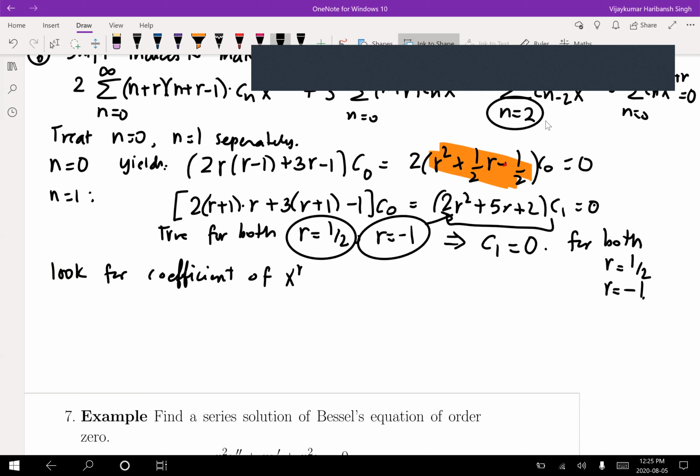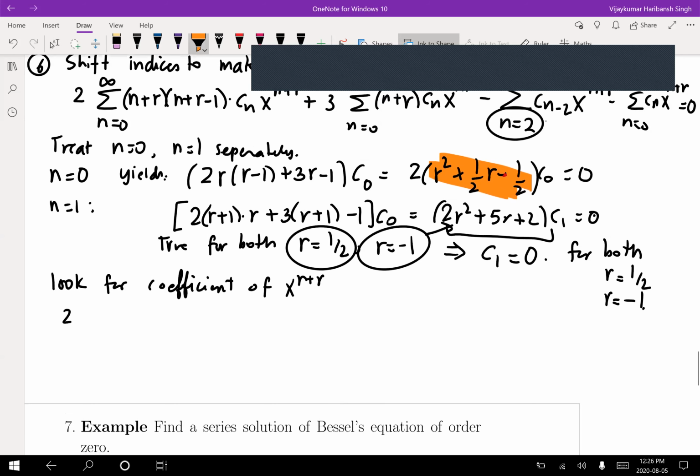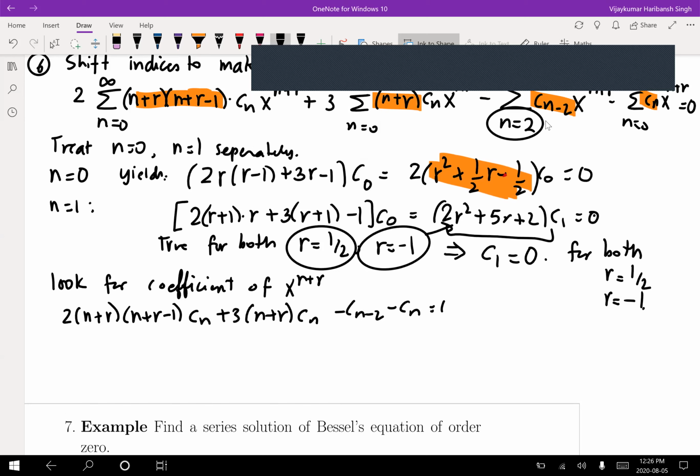We take x to the power n plus r and equate coefficients. So we get this plus this plus this minus this equals 0, right? So we get 2(n plus r)(n plus r minus 1) cn plus 3(n plus r) cn minus c(n minus 2) minus cn equals 0.